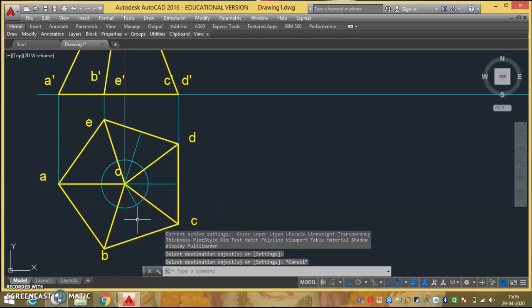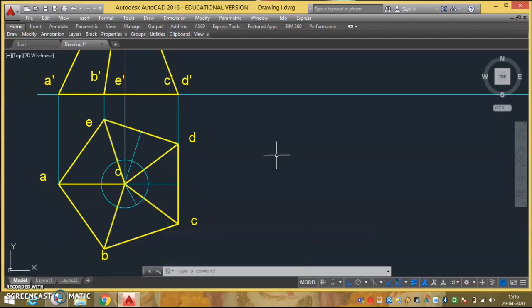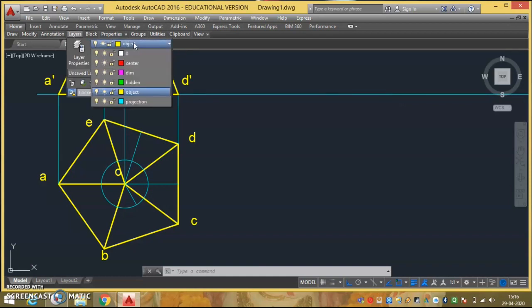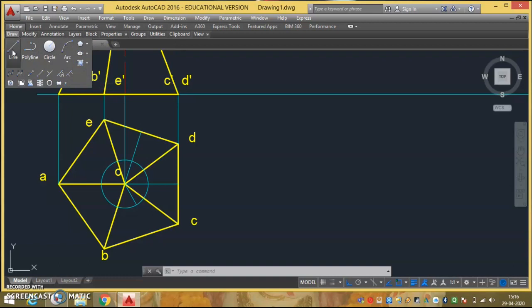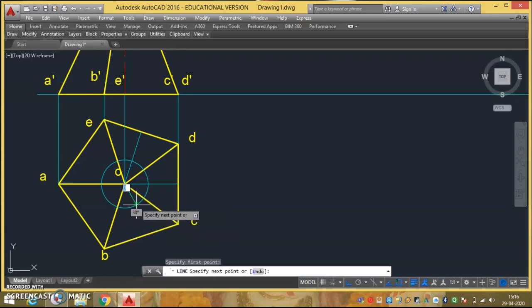Now why we did it: because we want a line at 30 degrees, so automatically the line which is perpendicular to the 60 degree line will be at an angle of 30 degrees. So now I will take a center line, take the line command, and from here you can draw a perpendicular line at an angle of 30 degrees.